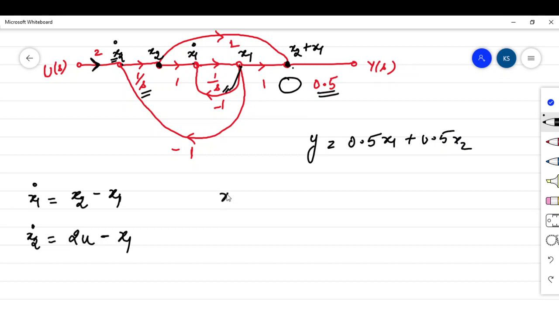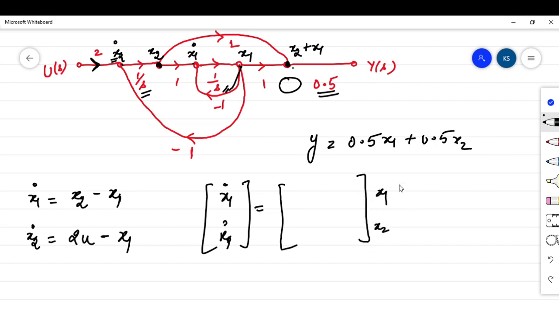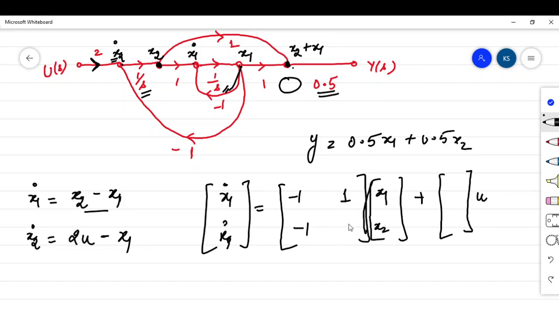In the matrix form, we can write x1 dot and x2 dot here. The A matrix from this equation is minus 1, 1, and from this equation is minus 1, 0.